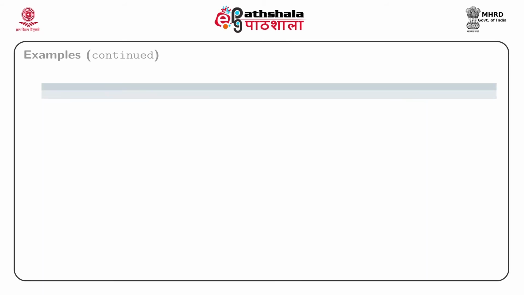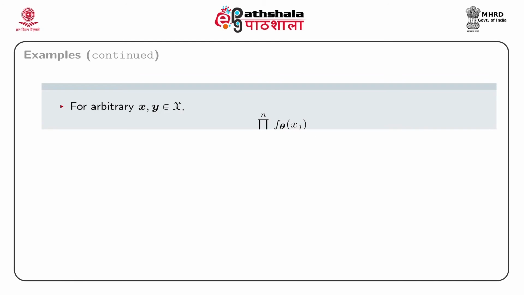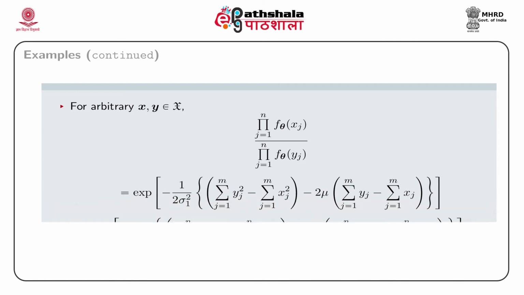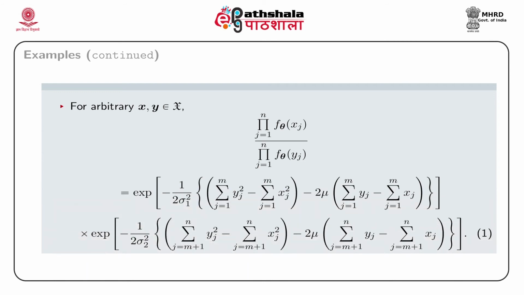Now for two arbitrary data points, x equals x1, x2, up to xn, and y equals y1, y2, up to yn, both from script X, we have the product over i from 1 to n of f theta xi divided by the product over i from 1 to n of f theta yi.